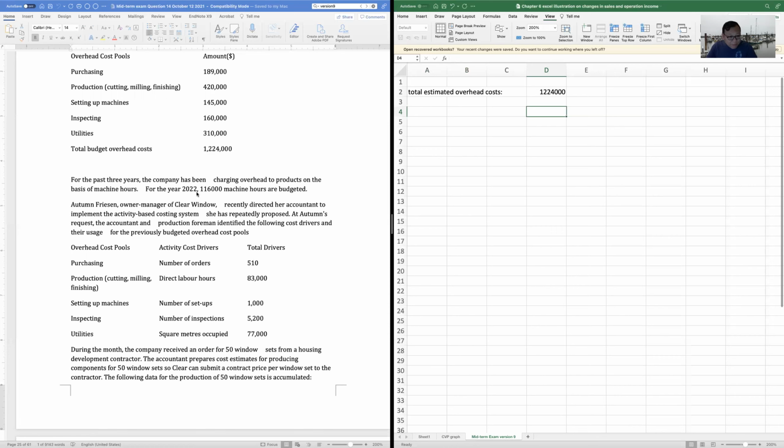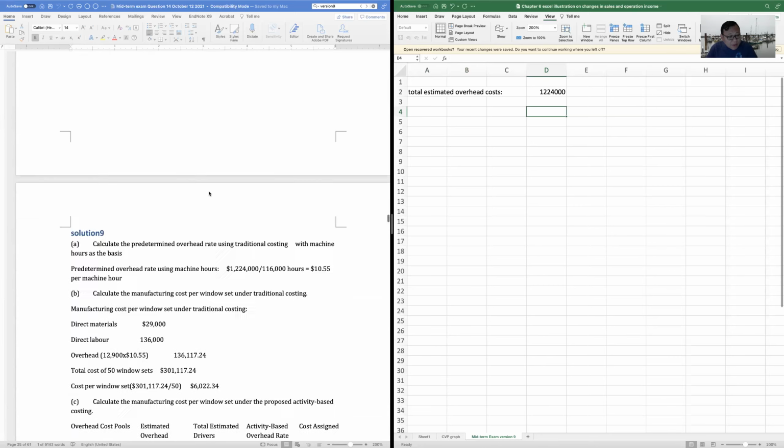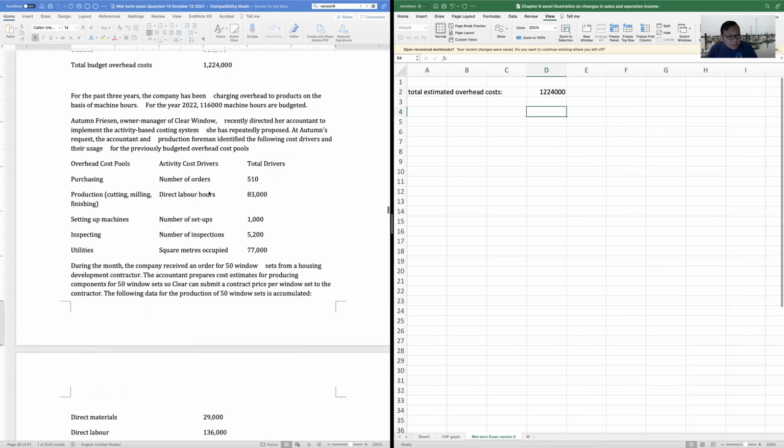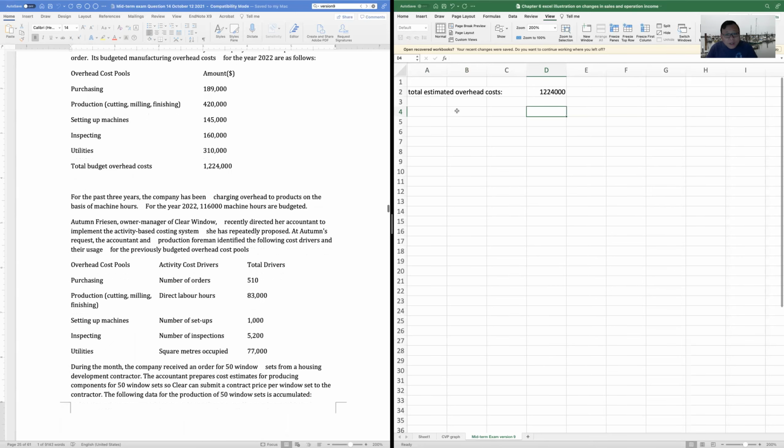Then for the year 2022, the machine hour budgeted is 116,000. Here the estimated machine hours is also the cost driver, right?